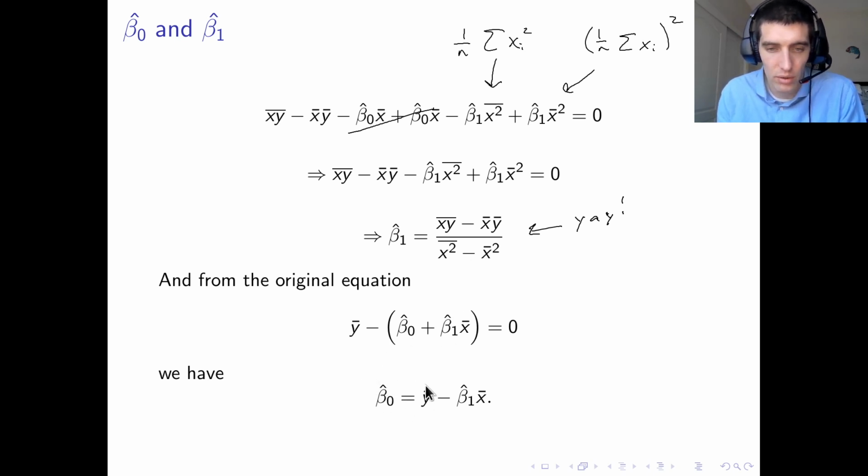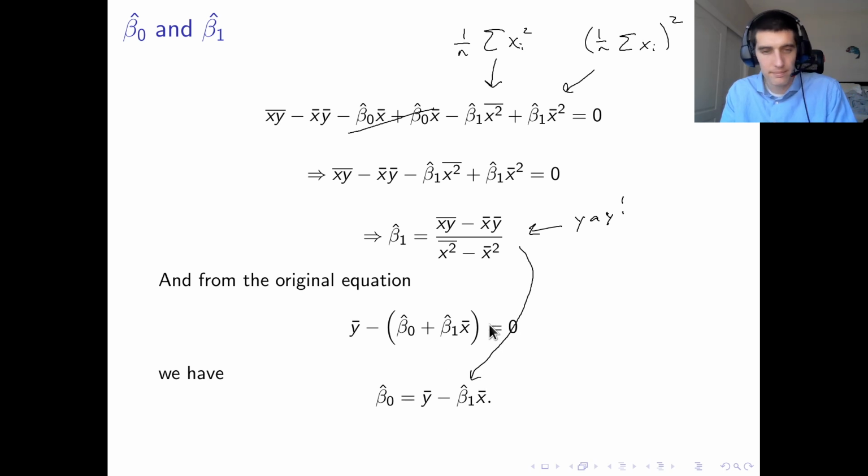So beta hat 0 is y bar minus beta hat 1 x bar, where we know what beta hat 1 is, so this allows us to completely know beta hat 0. Right? This term can be plugged in down here, and that's it. Okay. So these are our coefficients.